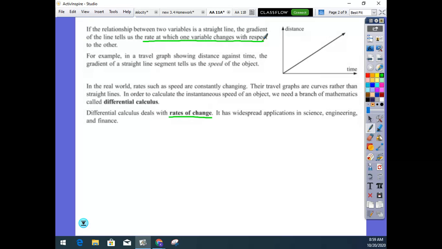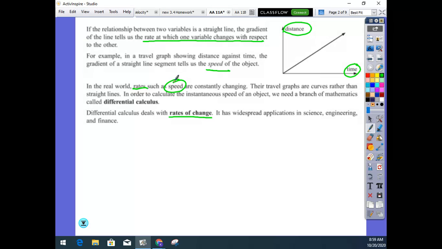And if you're looking at a distance versus time graph, the gradient actually tells us the speed. So think of your common rates. Rates are speed, because that's miles per hour, dollars per hour.